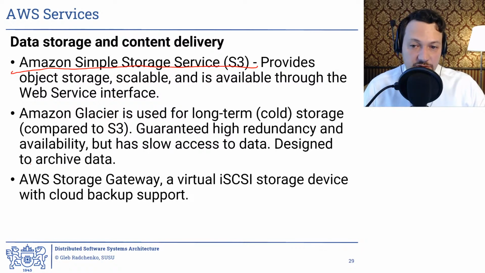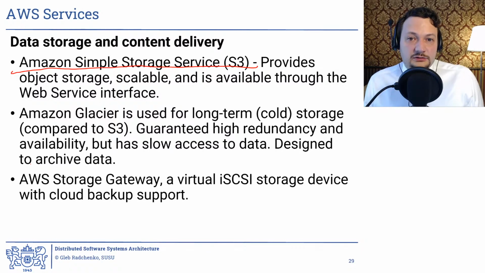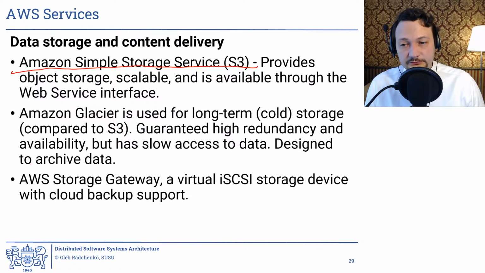So Simple Storage Service provides you the ability to work with objects. For example, the description of an item inside a web shop can be easily described as an object with a list of fields. So you describe the fields, you describe the object, and you can store it in the Amazon Simple Storage Service.